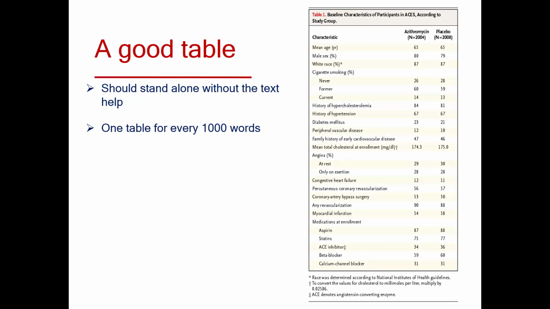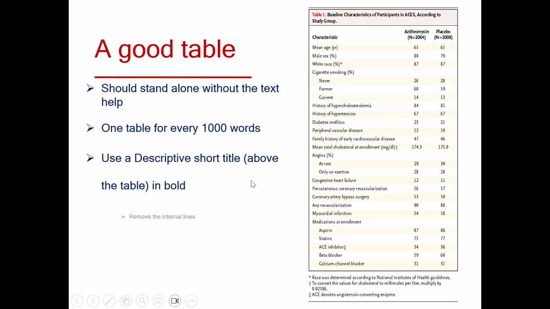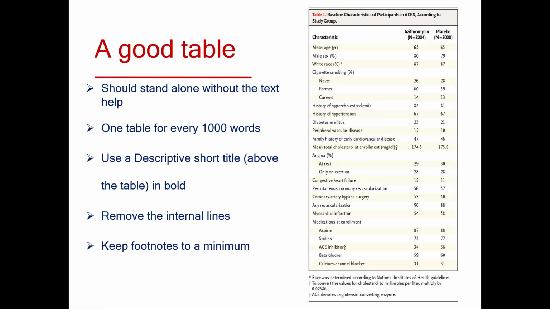And they usually say that one table should be written for every 100 words. The table should be descriptive, and there are no lines in the middle of the table. Remove all the internal lines, and you can keep the footnote to the minimum. If you are focusing on this table, it is explaining many things.